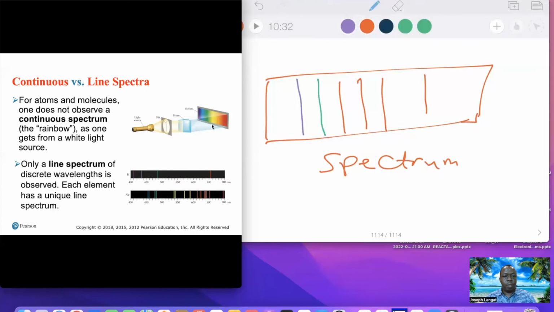There is a continuous spectrum, where you see the red merging into yellow. It's a continuous versus a line spectrum. Let's keep an eye on the line spectrum. And again, remember the visible region of the electromagnetic spectrum. Other than that, we wouldn't be able to see those radiations.